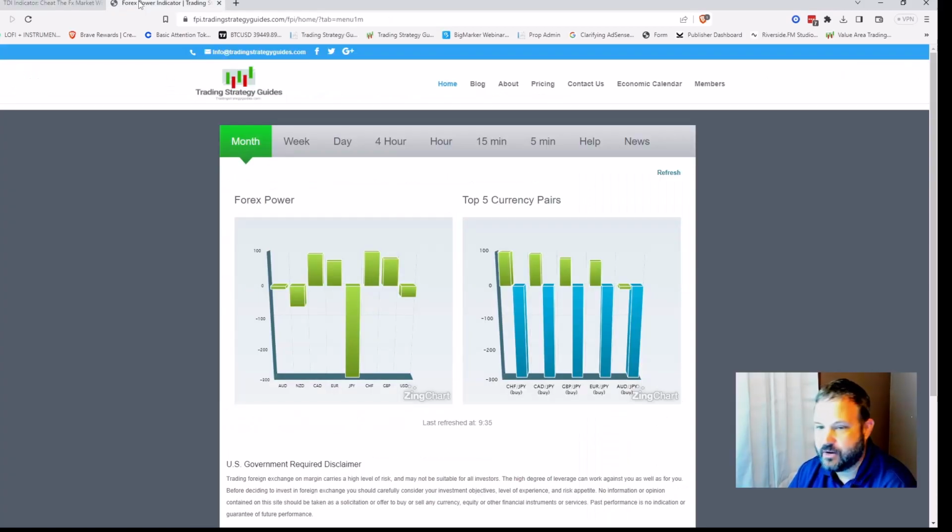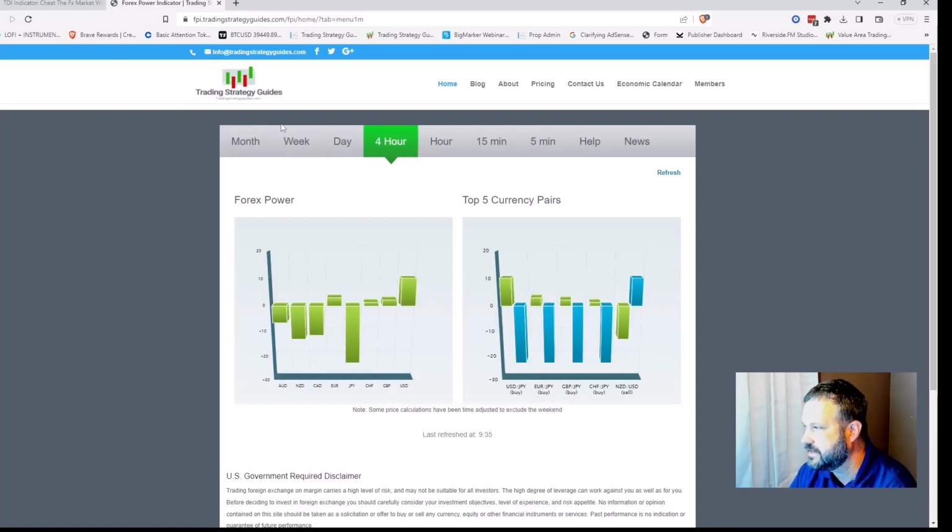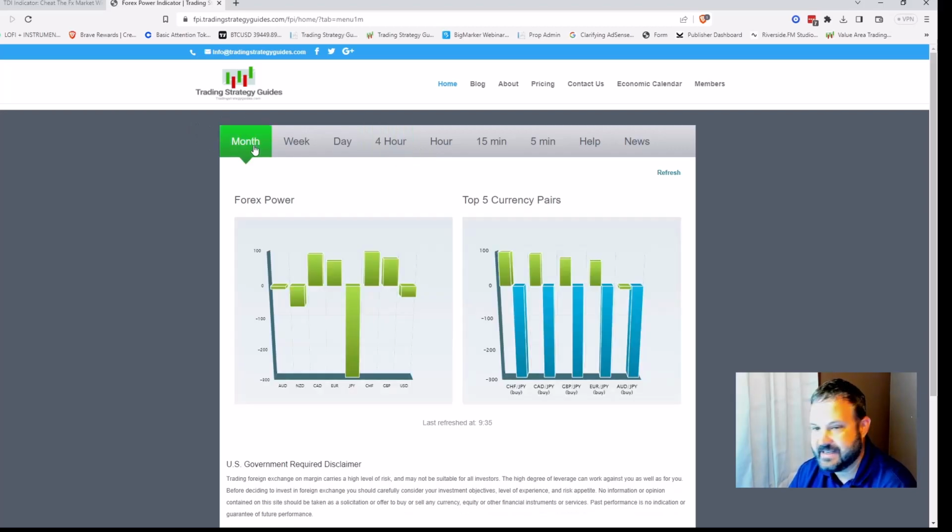Now here's the Forex Power Indicator, and you'll notice up here at the top there's the monthly tab, the weekly, daily, 4-hour, and so on. The monthly shows the strongest and the weakest currency for the entire month. Something really interesting about the currency market that makes it unique is that you're trading two things against each other.